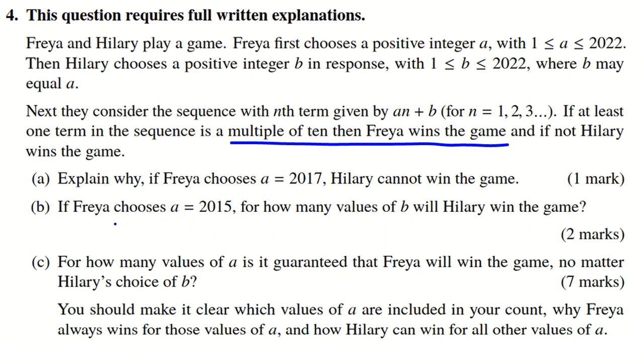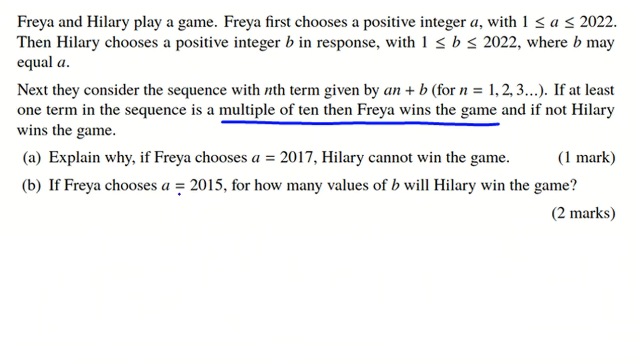Now, part B. It says if Freya chooses A equal to 2015, for how many values of B will Hillary win the game? Let's solve this part. A equals 2015, so it will be 2015n plus b.